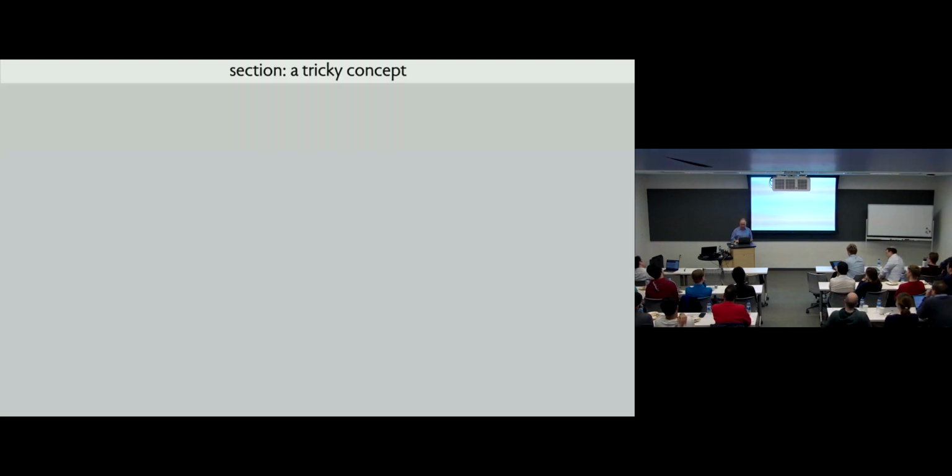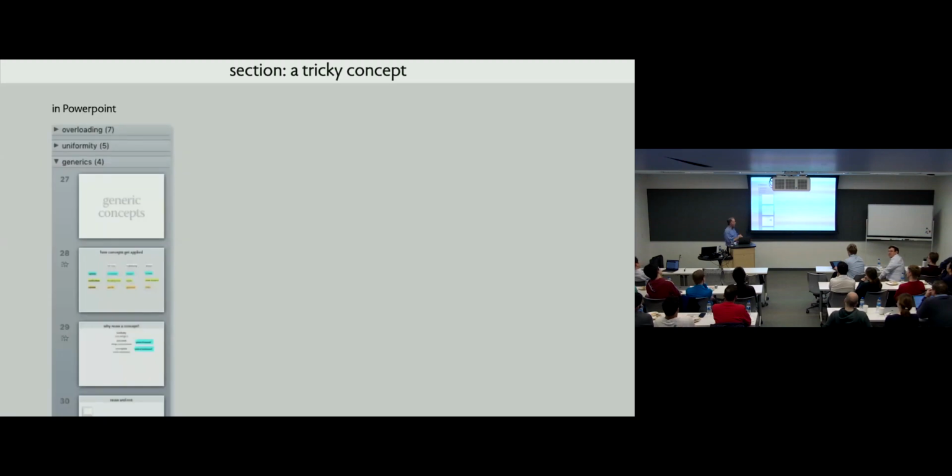So let me give you an example of that. In PowerPoint, there is this concept of section. What you can do is divide your slides into sections. And that's obviously very useful because it allows you to impose some structure on your slide presentation.